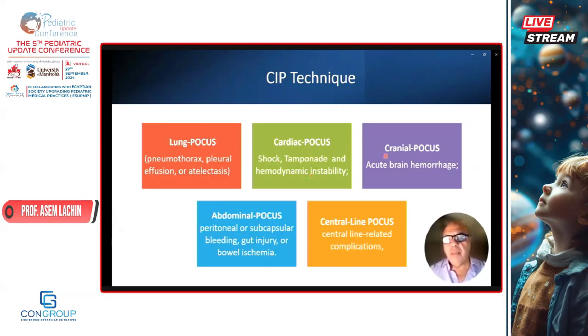Then the cranial part for acute brain hemorrhage, followed by the abdominal part, looking for peritoneal or subcapsular bleeding, gut injury, or bowel ischemia. And finally, central line related complications, which are very commonly included in the other modules, especially the cardiac assessment module.